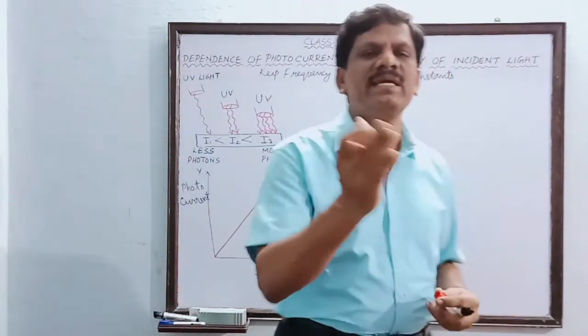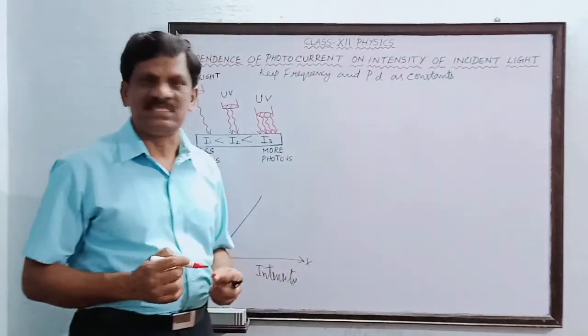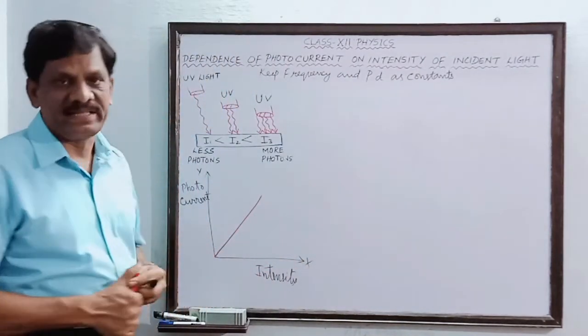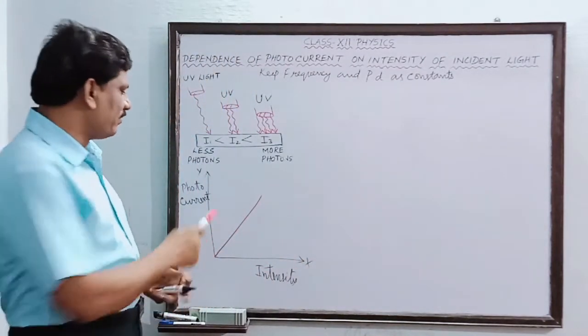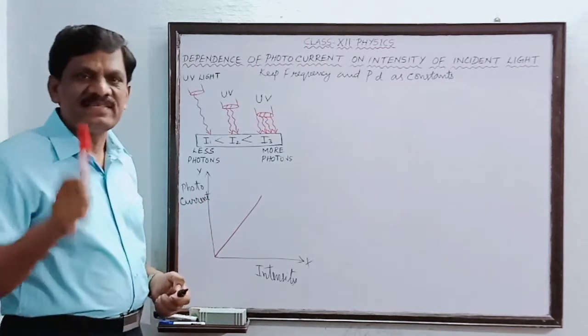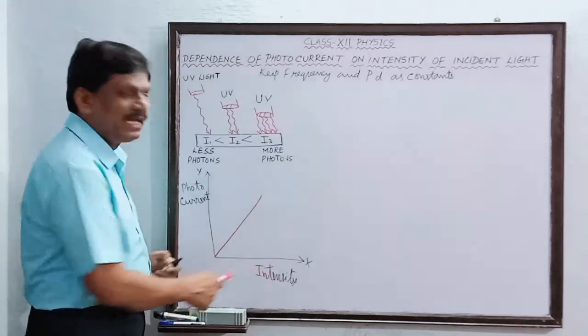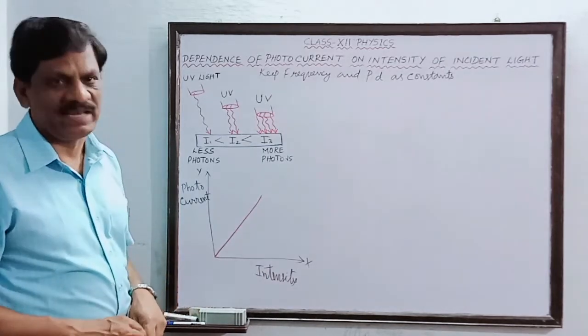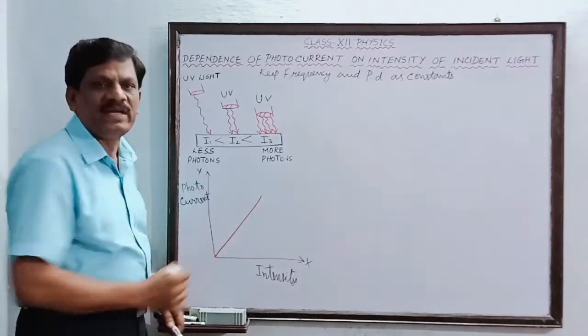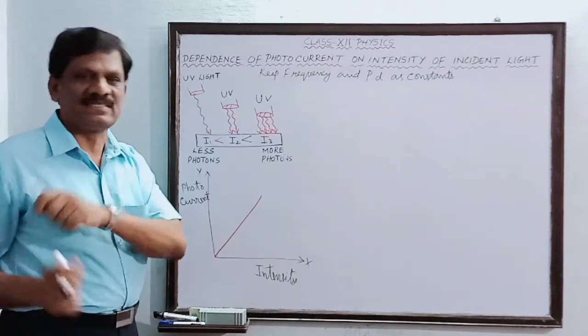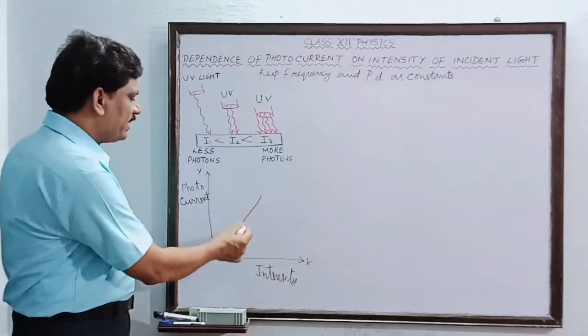So what do you mean by a straight line graph? First of all, it is a linear graph. That means the photocurrent varies linearly with the variations in the intensity of light. The slope of a straight line is a constant. So this is the nature of the graph.